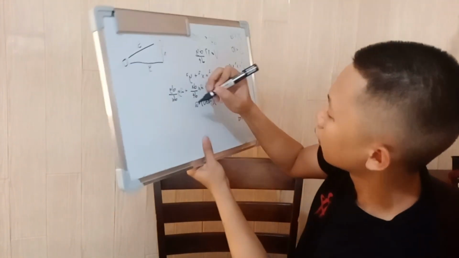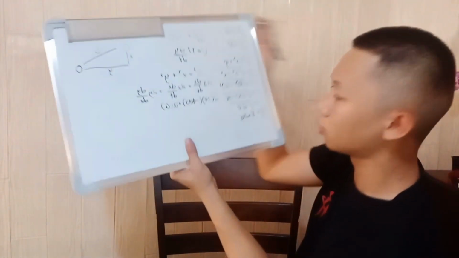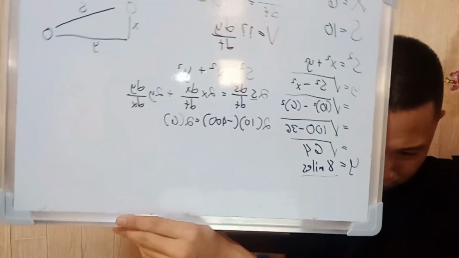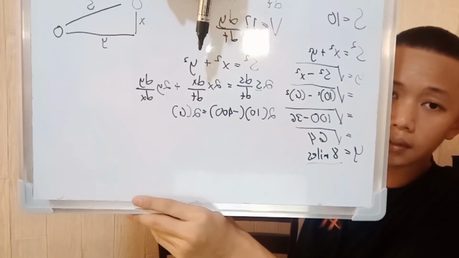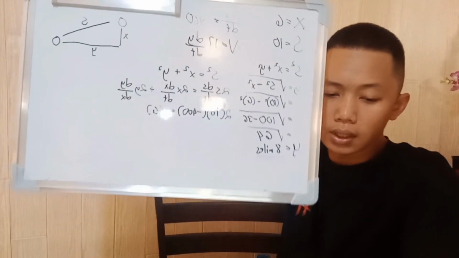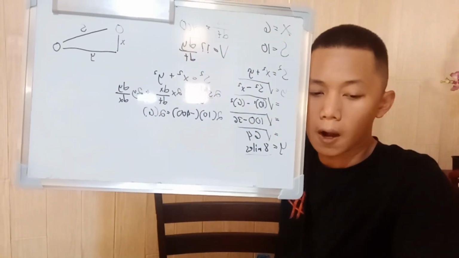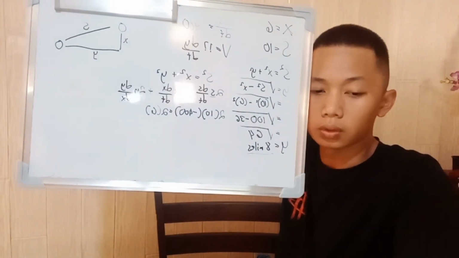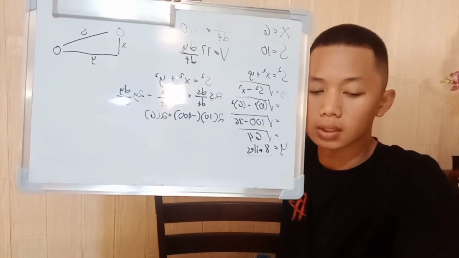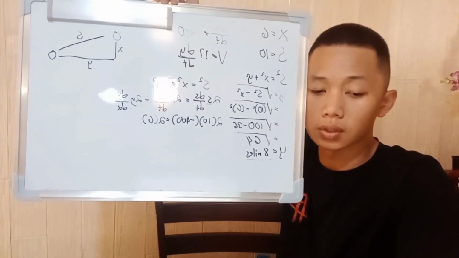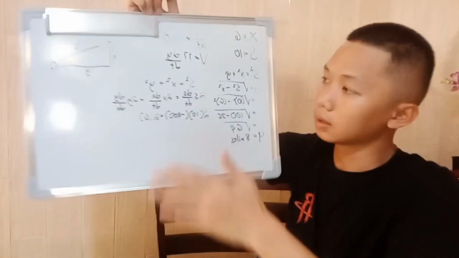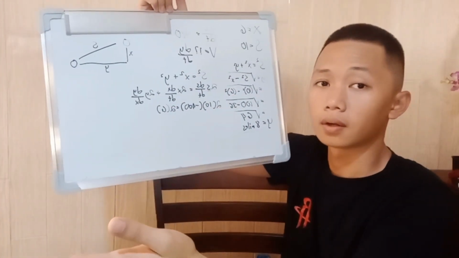Now what to do for the dx over dt? Since we are looking for the rate of change within the vertical value, of course we don't have to consider the dx over dt, right?